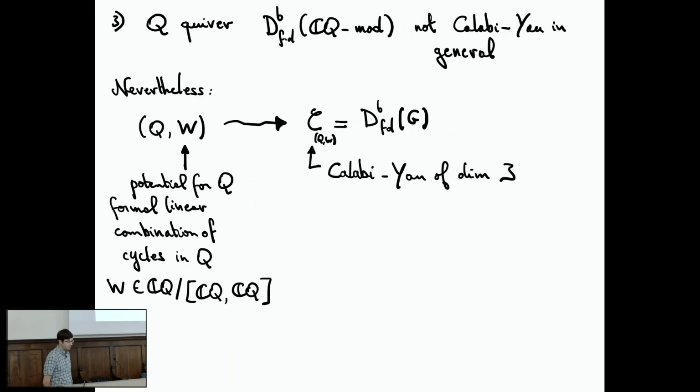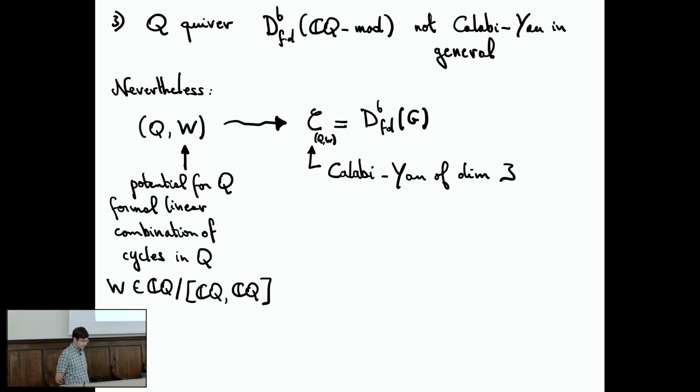So what about the quiver examples? If Q is a quiver, I described before how to attach to it this derived category of quiver representations, which are finite dimensional. And you might ask if this category is an example of a Calabi-Yau category, and in general it is not the case. So actually, the category of quiver representations is remarkably simple.